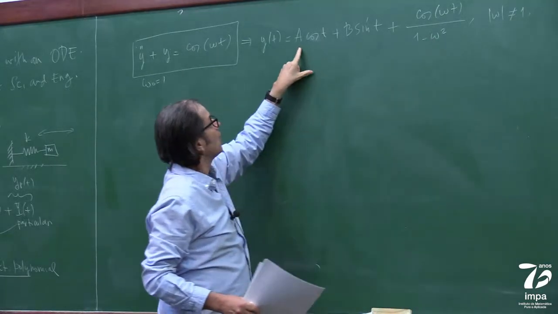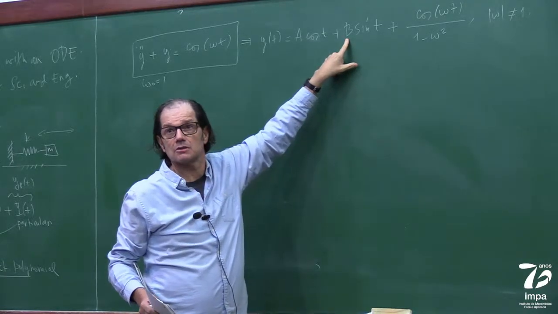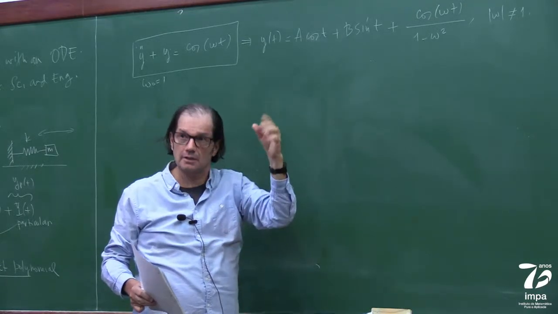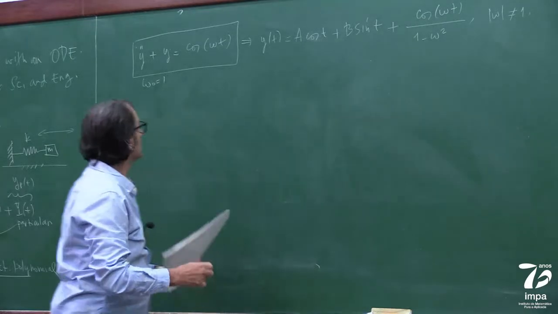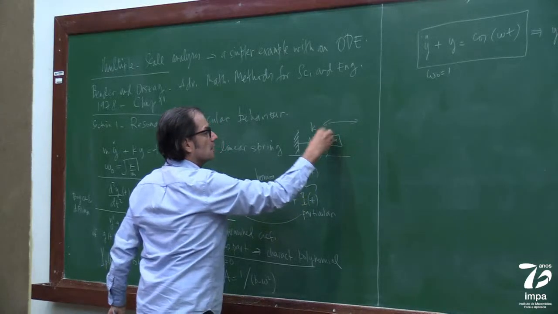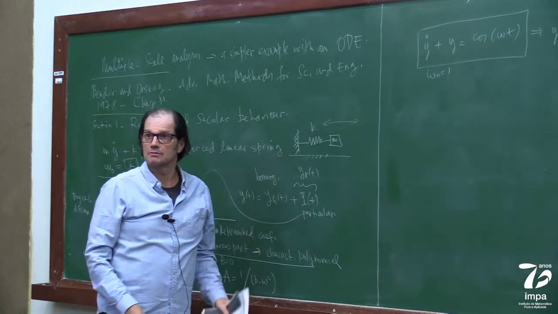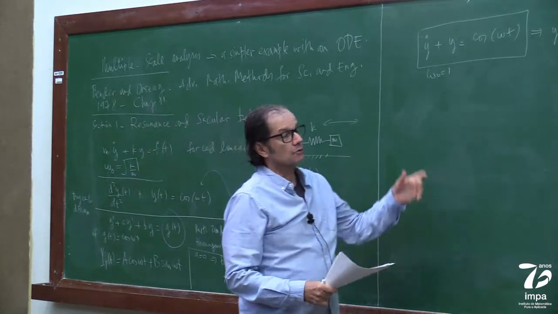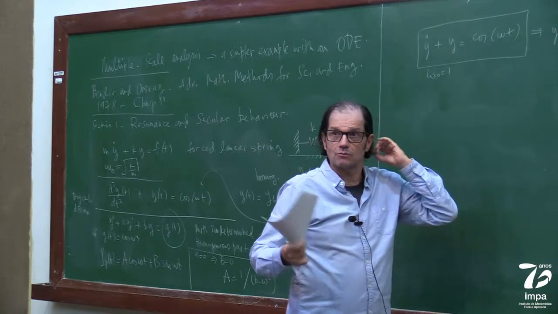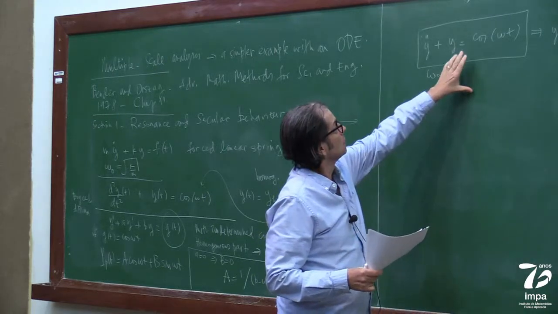Okay? So how do I calculate A and B? It's going to be initial position and initial speed, right? Because I can pull this guy and let it go, or I can also pull and throw it, right? So you see similar things we did with waves and stuff like that.